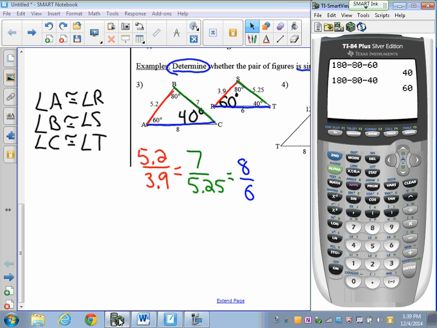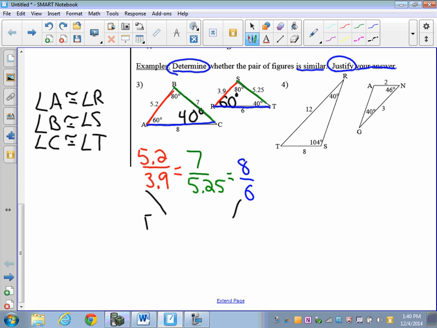That same idea is very important with similar triangles or similar polygons. Now we need to make sure that these are equivalent. So we get 1.333. Again, the same thing. So they're all equal. Because they're all equal, this means the sides are in proportion.